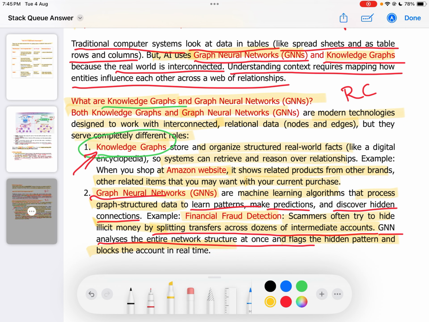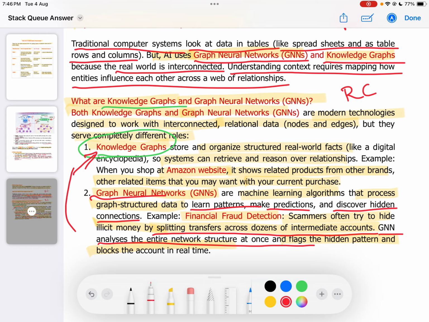Immediately it blocks it. This is becoming possible because of GNN. And down the line, probably in a couple of years, we should have this everywhere. This example will help you understand what a GNN is.